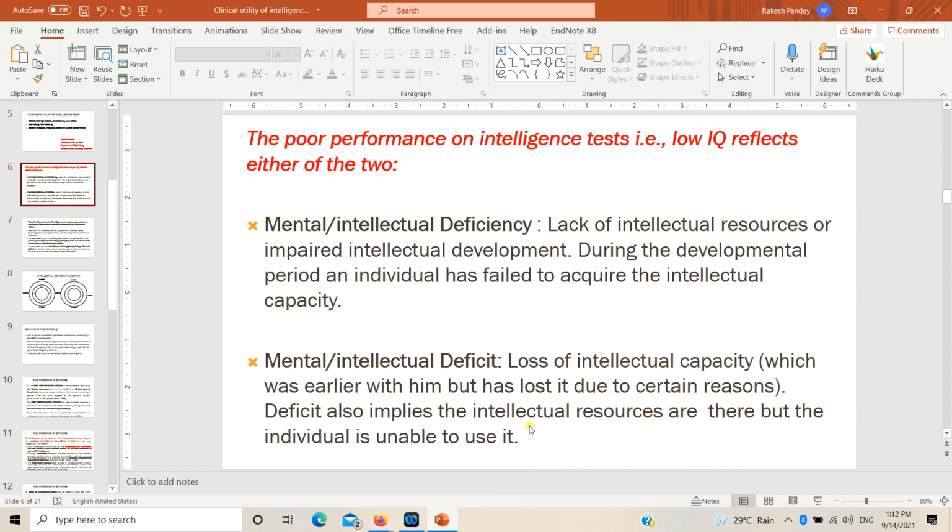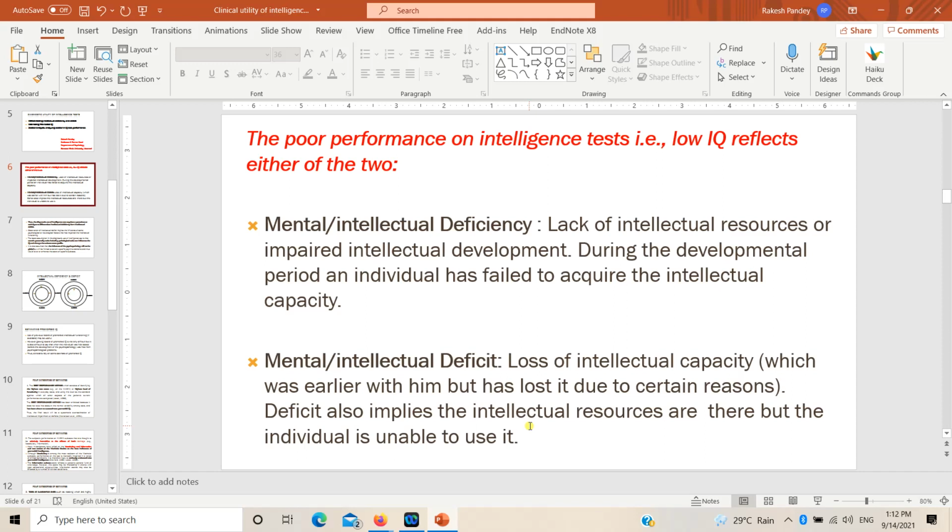In the last class, I differentiated between the two terms, mental or intellectual deficiency and mental or intellectual deficit. If two individuals are performing equally poorly, say with a score of 69, below 70, it may be an indication that he is a mentally challenged person and therefore has intellectual deficiency. It is also likely that because of brain damage, psychopathology or some other factors, he has lost his intellectual capacity.